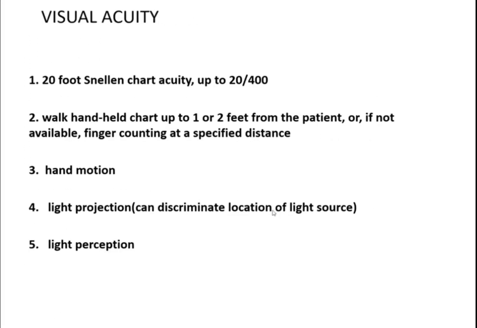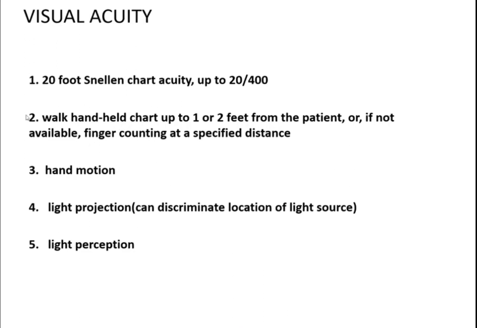Now, sometimes visual acuity is measurable up to 20/200, but if the visual acuity is really very poor, for example, the cataract is really very mature, then you may have a situation where the patient can't even produce a 20/200 VA.